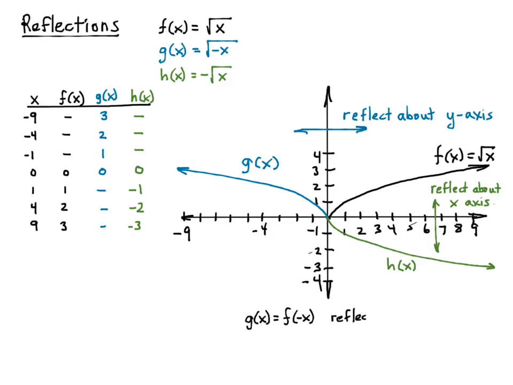And so if we put the negative sign inside of the function, so we take the negative x instead of just x, we're reflecting it about the y-axis, and when we put the negative sign out front before the function, it reflects about the x-axis.